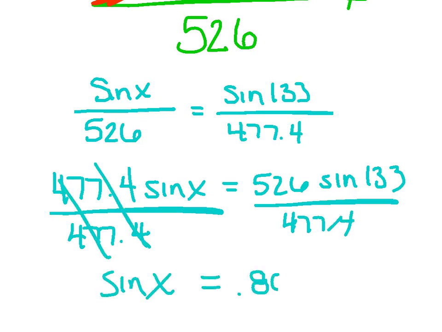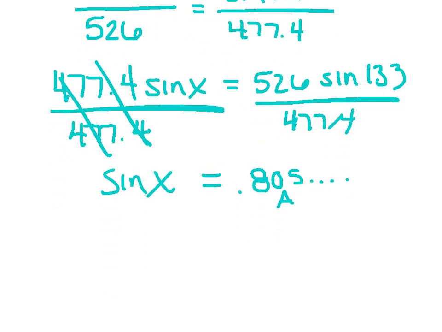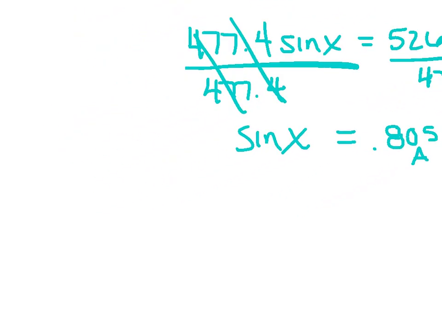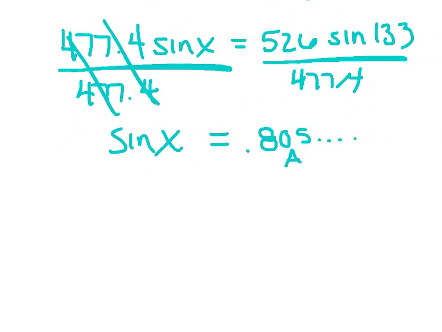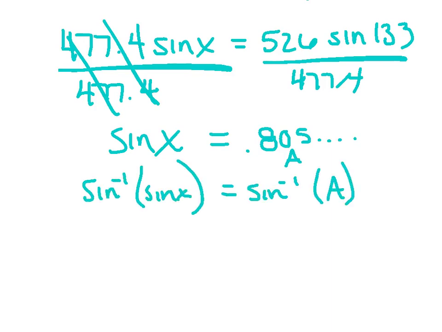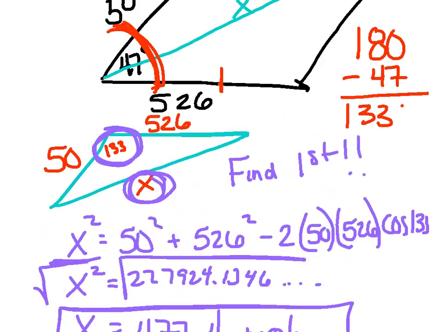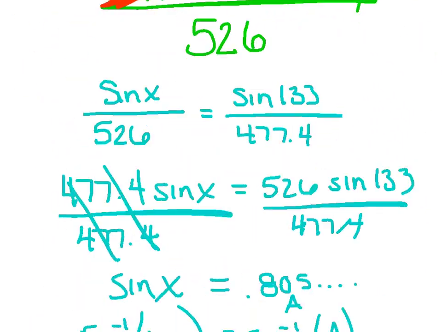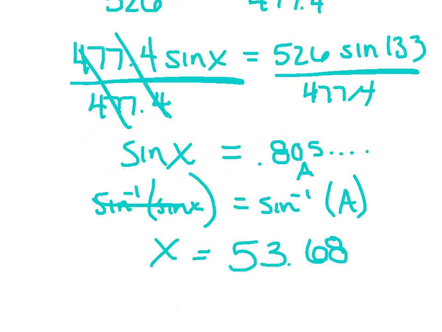I'm storing that into alpha A and doing the inverse sine of that side. So I'm taking sine inverse of both sides to solve for that angle x, sine inverse of alpha A. And I get x equals 53.68, and it said to the nearest tenth of a degree. So I would say 53.7 degrees.